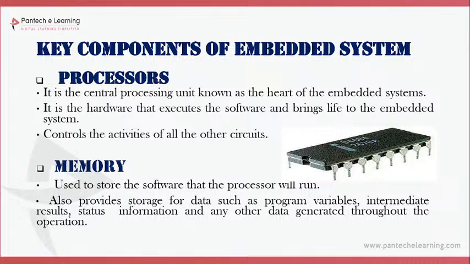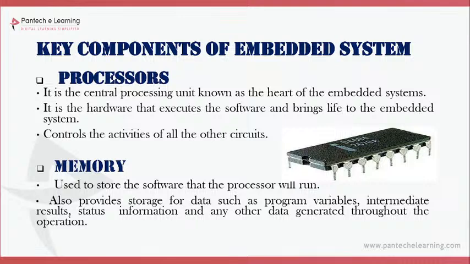For example, if you go inside the mobile phone and touch an app, it should show automatically. That programmed part is stored inside the memory, and according to that memory only the processor will act. This is called the memory.